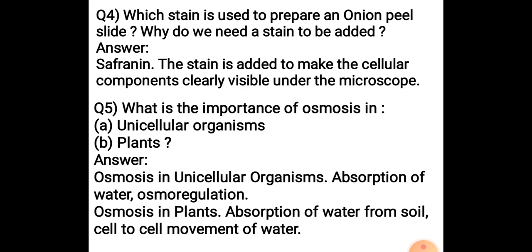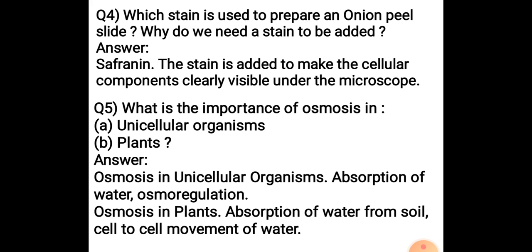What is the importance of osmosis in unicellular organisms? Osmosis in a unicellular organism, for example amoeba, helps in the absorption of water and osmoregulation, the maintenance of a constant body environment.